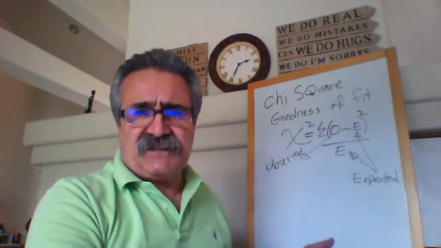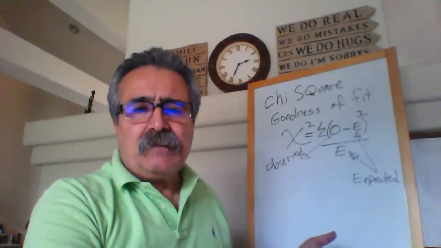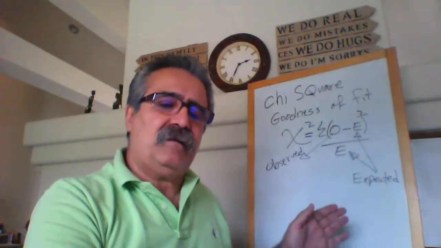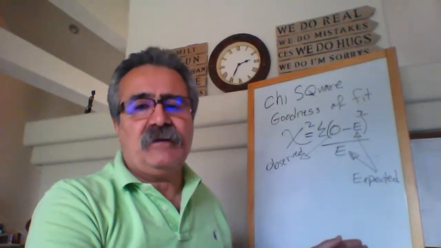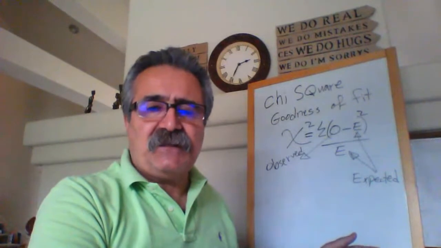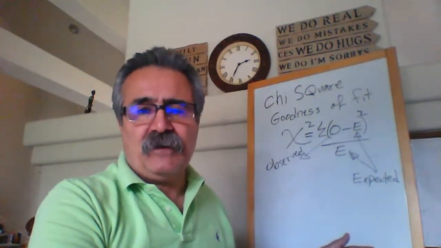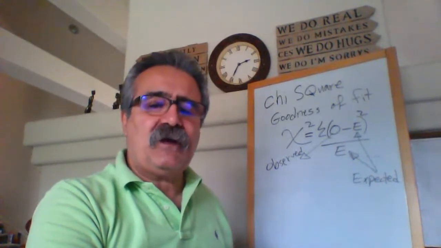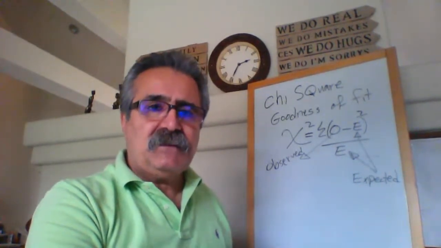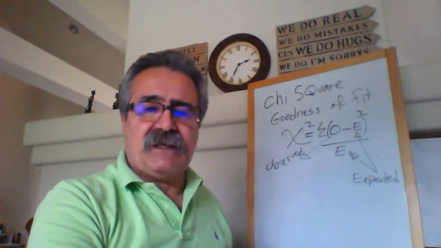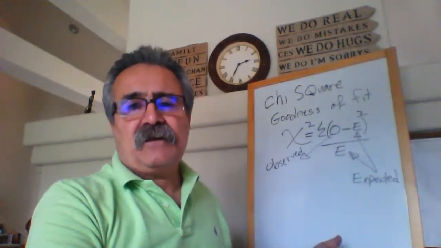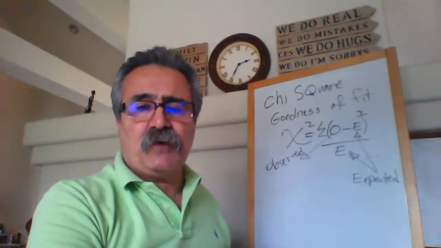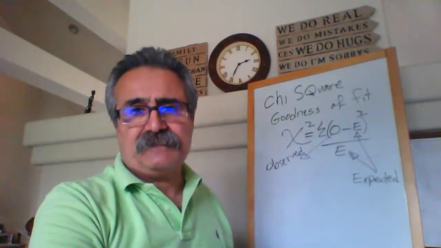For example, in the example that I just gave you, H0 states that the households with one car are 60%, and those who own two or more are 40%. So this is the null hypothesis. The alternative hypothesis is if we conclude that no, neither the 60% nor the 40% is correct. Right?